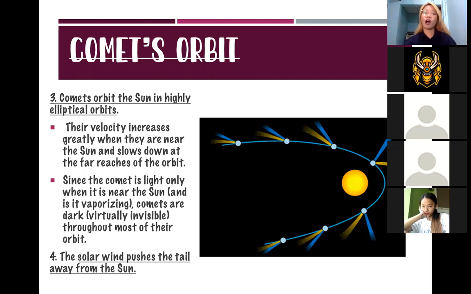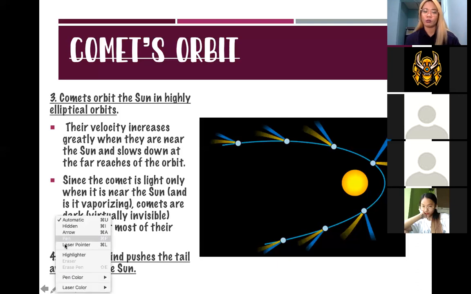Why? Because these comets don't necessarily follow the same orbit as our planets. Our planets kasi in the solar system orbit around our sun. So basically, ang kanilang orbit is more spherical. It goes around and around the sun. But when it comes to your comets, ang kanilang orbit is very elliptical in shape.